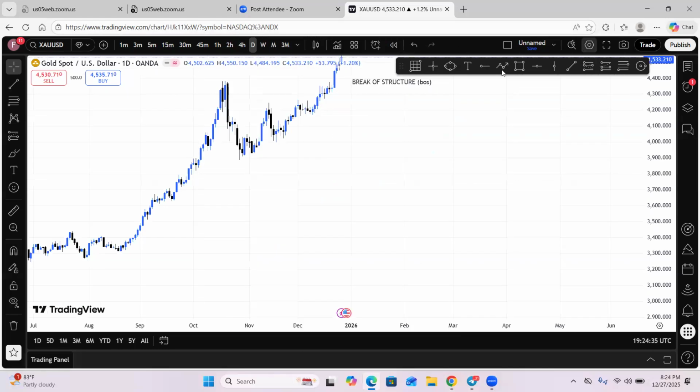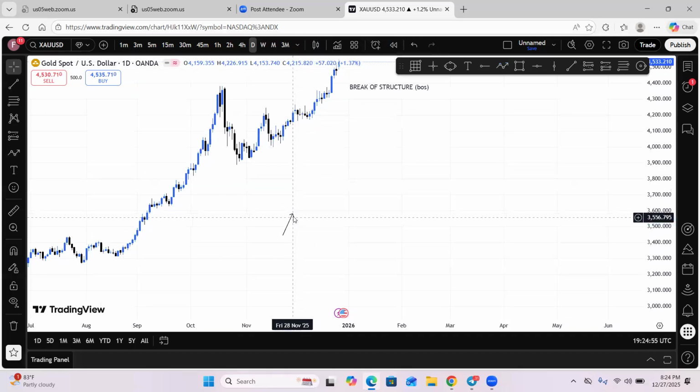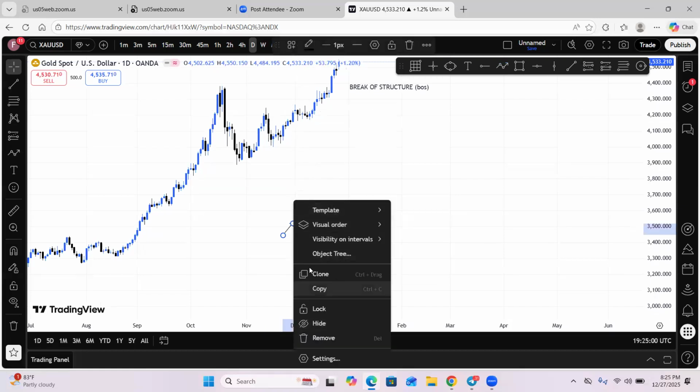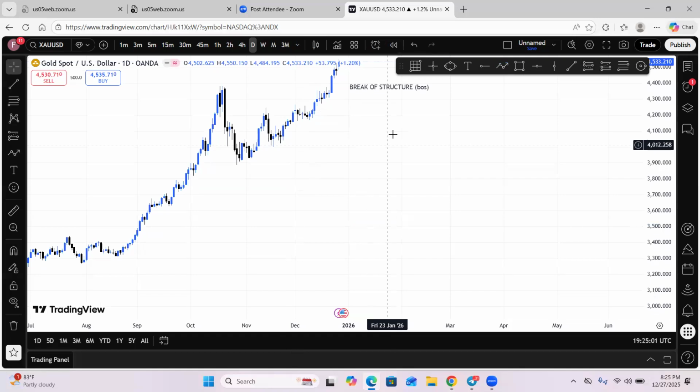So now, where is that part? Okay. Remember, when the market is going up, it's creating higher highs. When the market is bullish, it's creating higher highs and higher lows. Oh God, this thing should just work. I don't have strength this evening for this part.